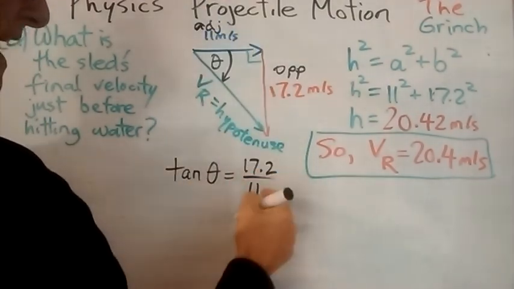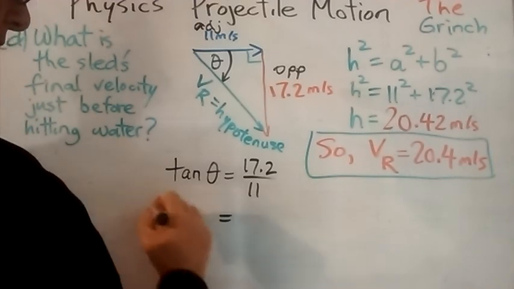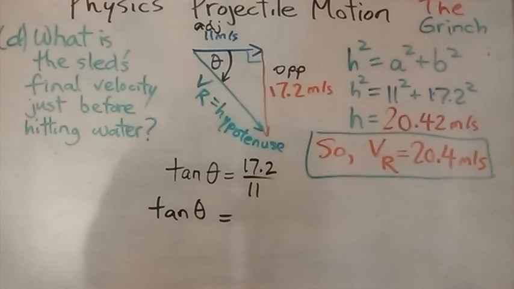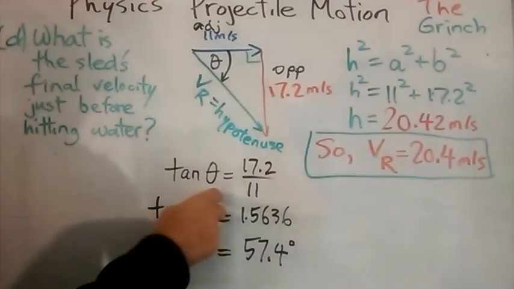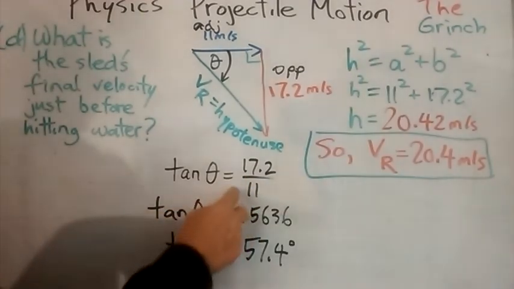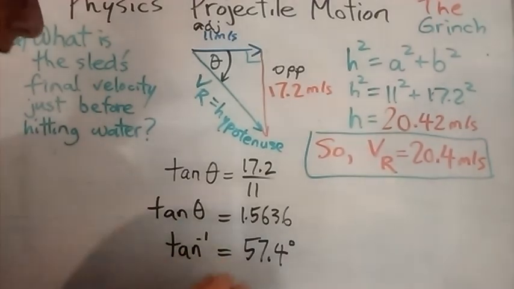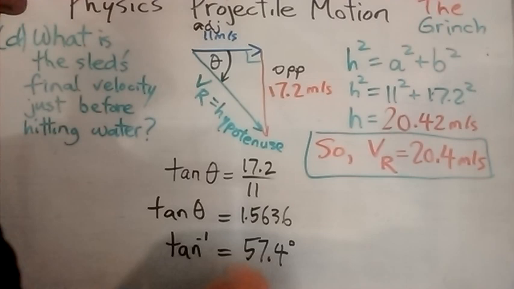So that's tan theta. Doing the calculation, 17.2 divided by 11 is 1.5636. If you go shift tan, make sure your calculator's in degrees, not rad or grad, you'll get 57.4 degrees.